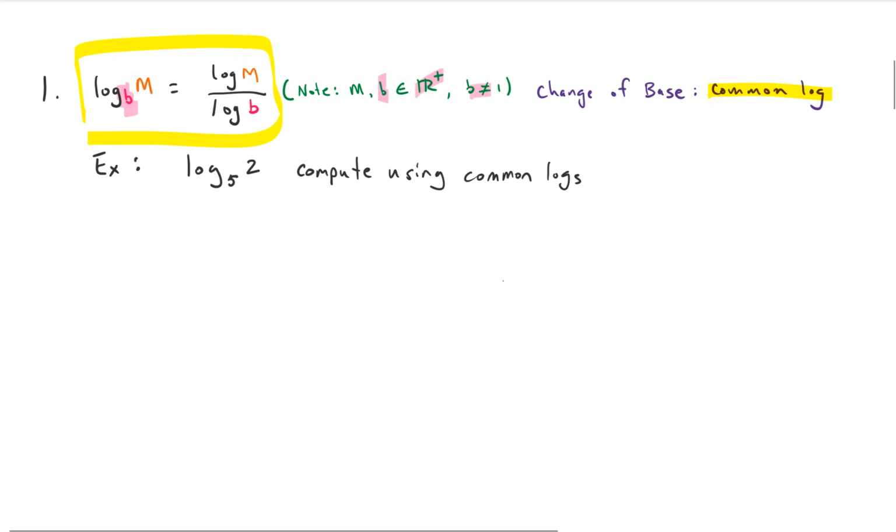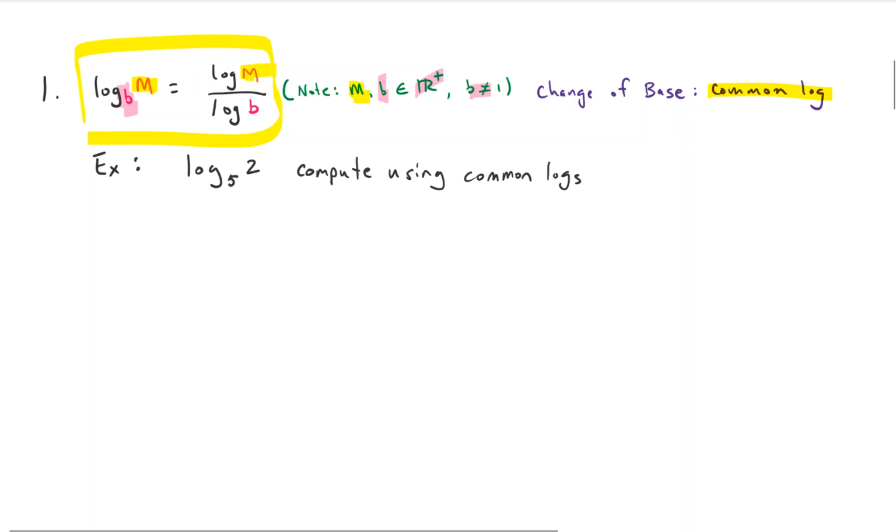And m is also a positive real number. So there's another m. So the formula says that we take log base b of m, which is just our original logarithm, and we can rewrite it using common logs as log m over log b.